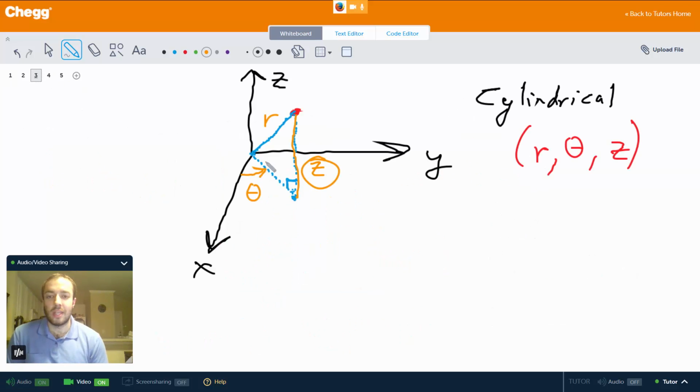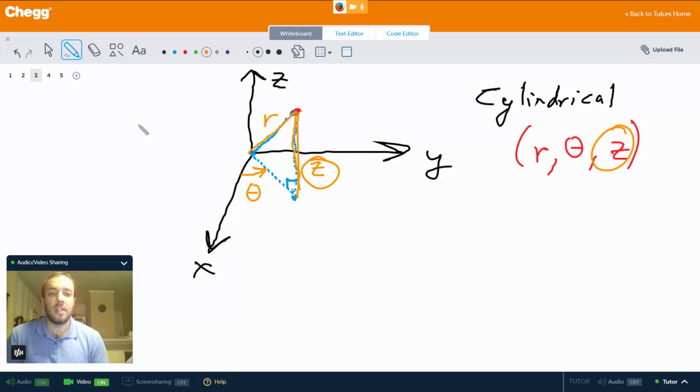So that's why we say that cylindrical coordinates are really just a 3-dimensional generalization of polar coordinates, because we still have r and theta doing pretty much the same thing that they do for polar coordinates, but now we have this extra coordinate z, which again is just the height above or possibly below the xy plane.